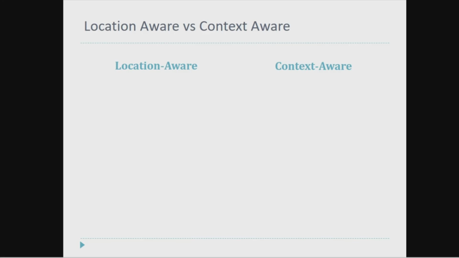Okay, so at this point, what are the differences between location awareness and context awareness? First, location awareness detects user location. Context awareness may detect user location. It's not compulsory, but it may detect.